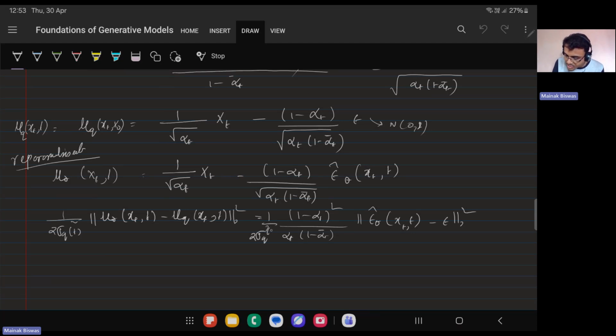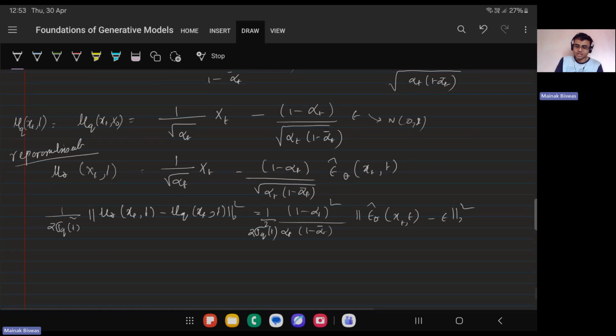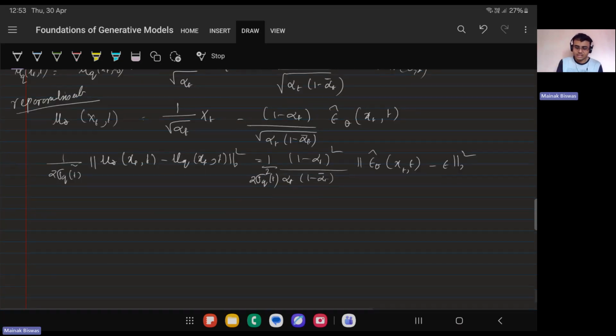These are all constant terms, and you may just forget about them, is what the paper says, because often these constant terms really do not make a difference.